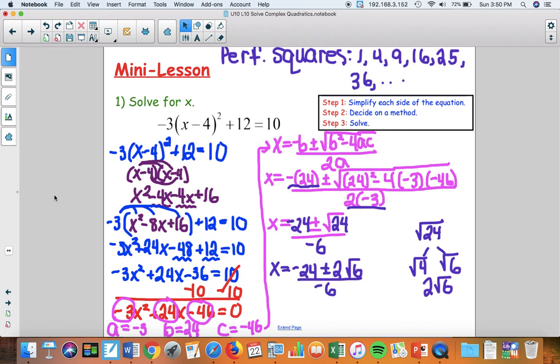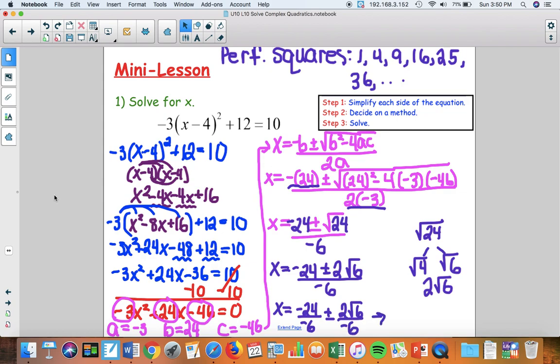You may see your answer like this, or you may see your answer simplified a little bit more. What we can do is divide that negative 6 by both terms. So negative 24 divided by negative 6, then you have plus or minus 2 radical 6 divided by negative 6.